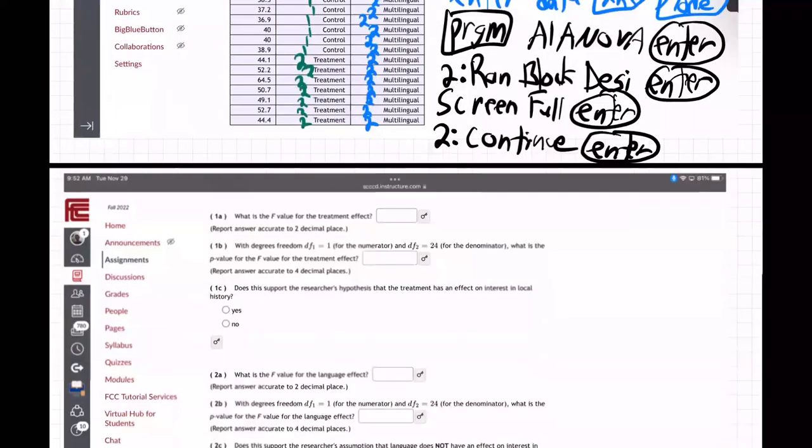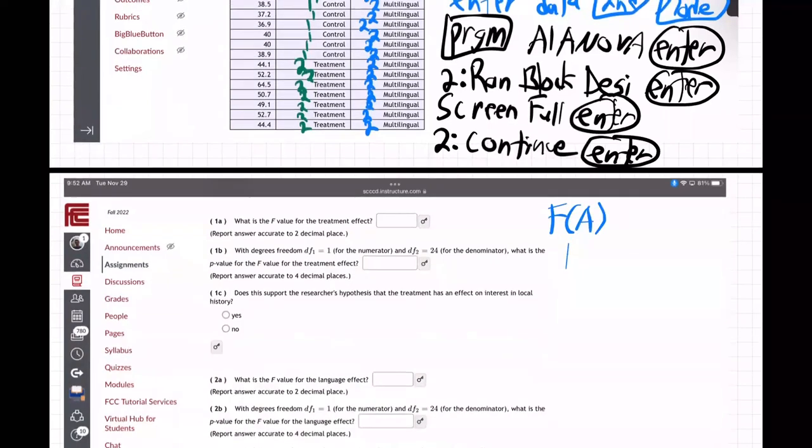What it'll say is F of A and then a p-value. And then it'll say F of B. And these answers go right there.